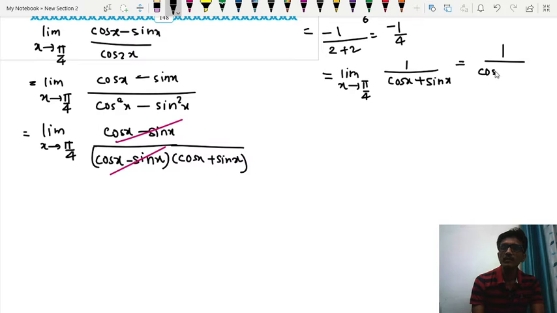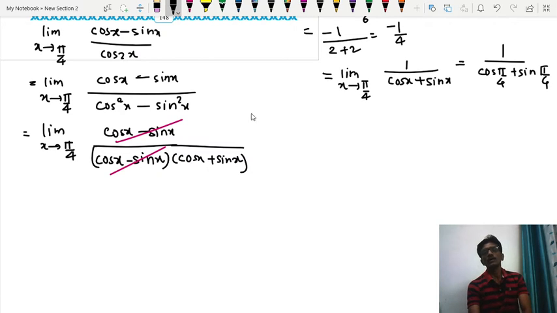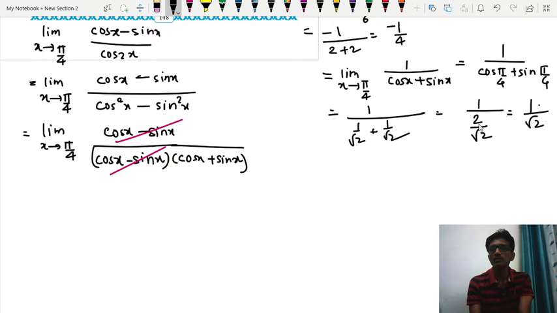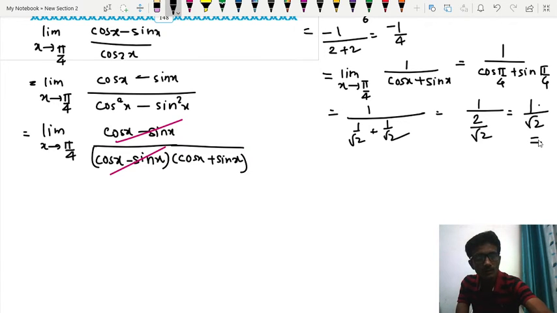So we are taking the limit, cos of pi by 4 plus sin of pi by 4, and this is equal to 1 upon (1 by root 2 plus 1 by root 2), which is 1 upon 2 by root 2, which is 1 upon root 2. The root 2 is getting cancelled. So your answer will be 1 upon root 2.